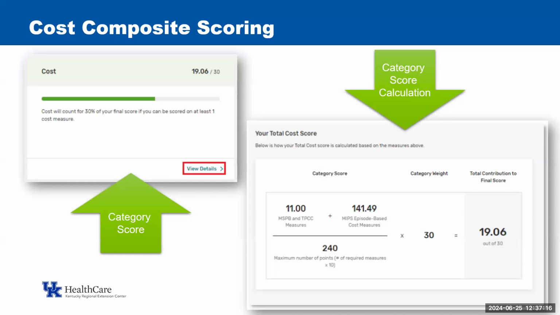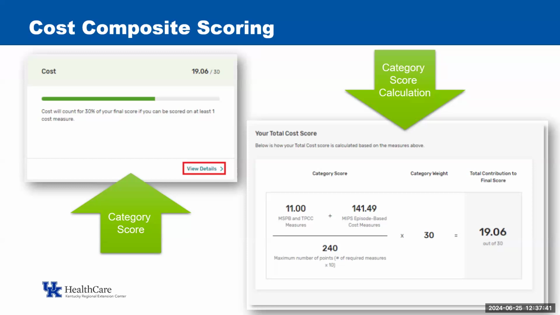And then we can see for episode-based cost measures, they had 141 points out of a possible 240. So when we are scored on cost measures, while we know that there's 29 possible for the year, you are only scored on those that are applicable to your practice.